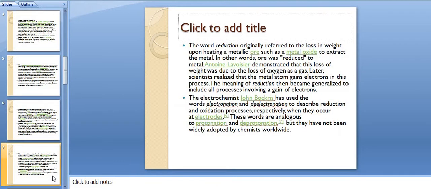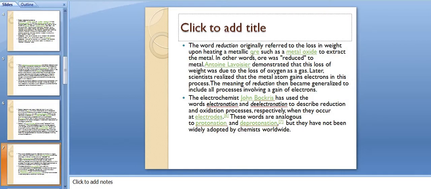Next, the word reduction originally referred to the loss in weight upon heating a metallic ore such as a metal oxide to extract the metal.